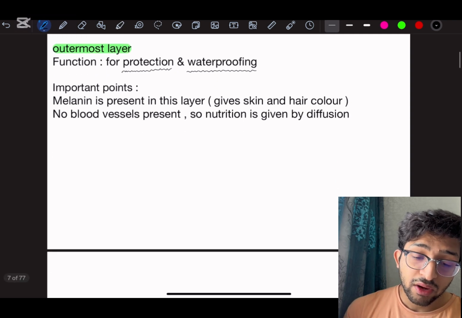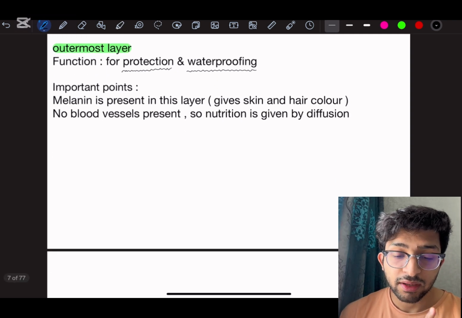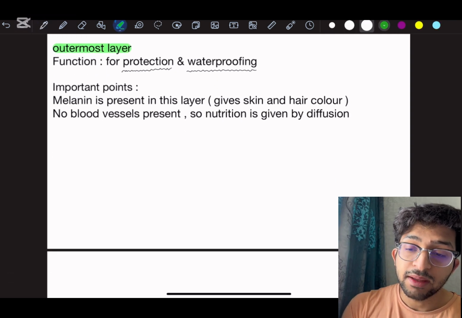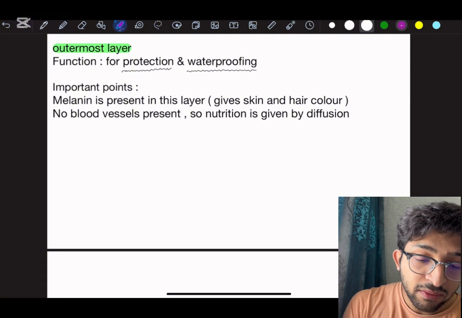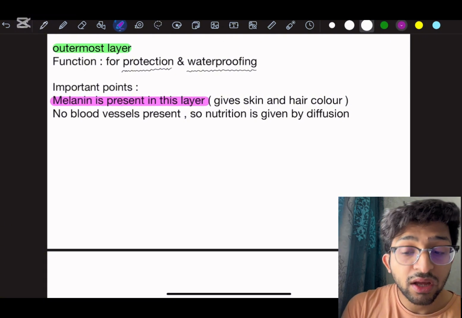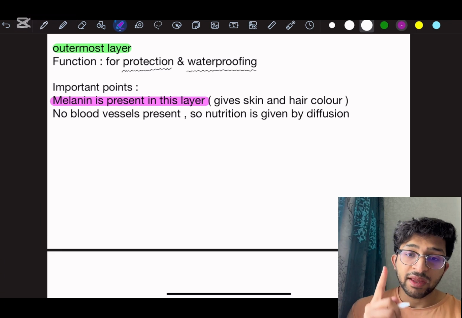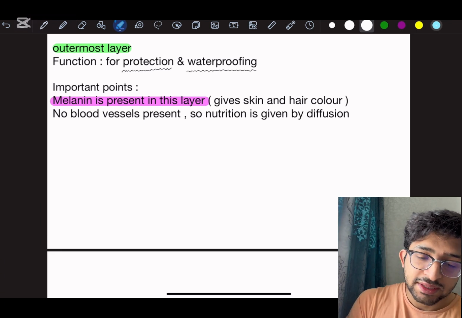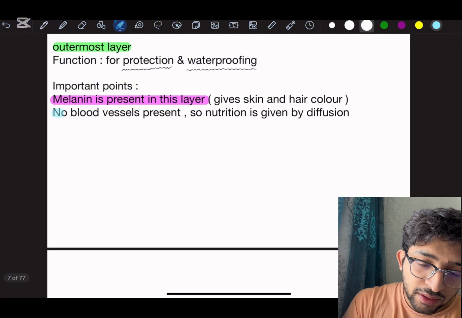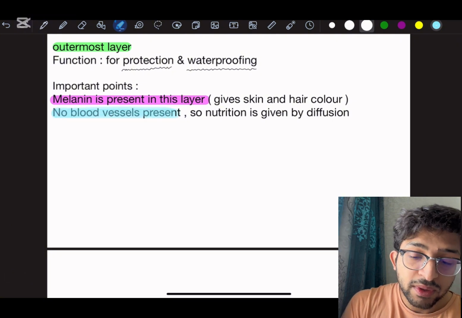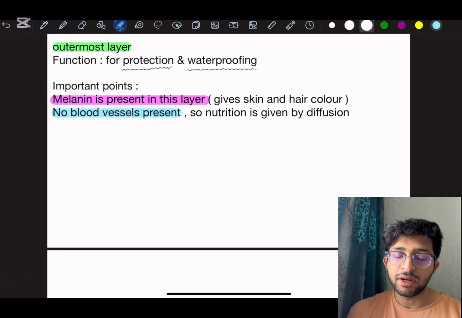One more important thing you need to remember is that the pigment which is responsible for providing the color of the skin is present in the epidermis. And the next thing you need to remember is that there are no blood vessels present in the epidermis.